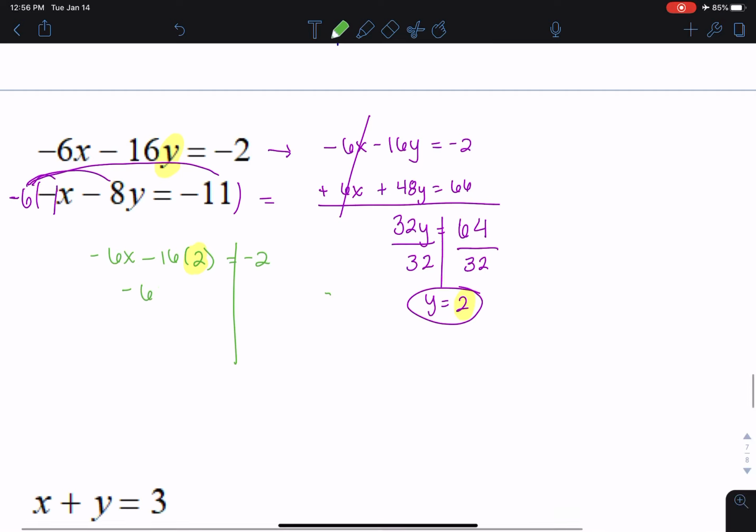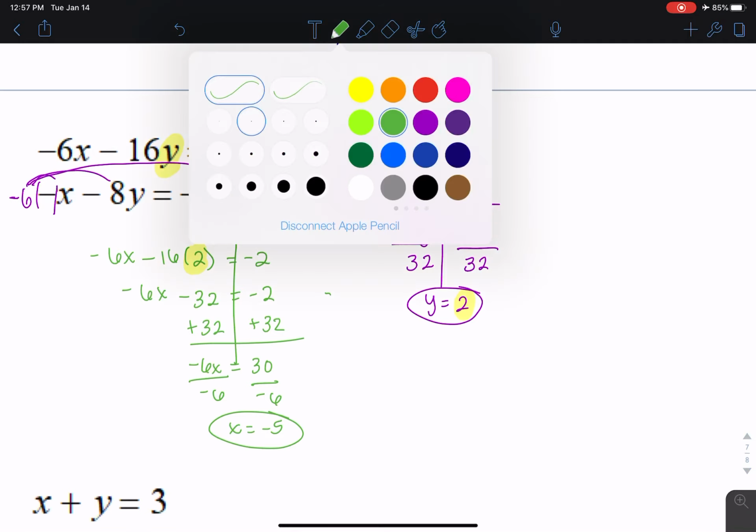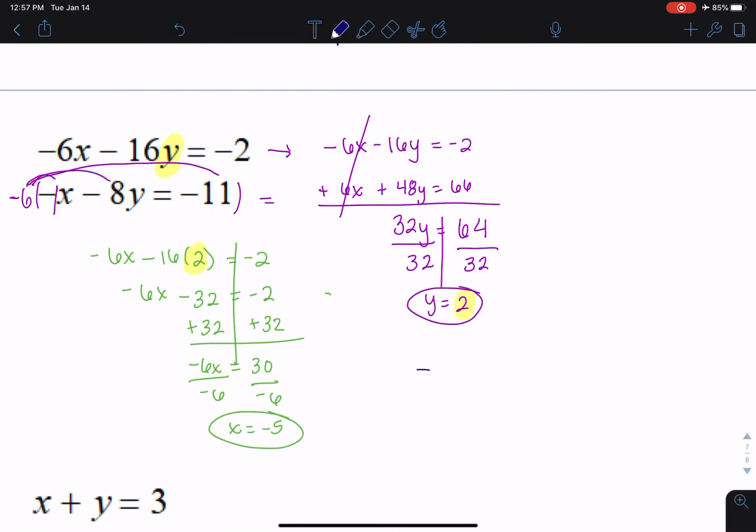So negative 6x minus 32, negative 16 times 2, equals negative 2. Add 32. Negative 6x equals 30. Divide by negative 6. X equals negative 5. So my answer is the ordered pair negative 5, 2.